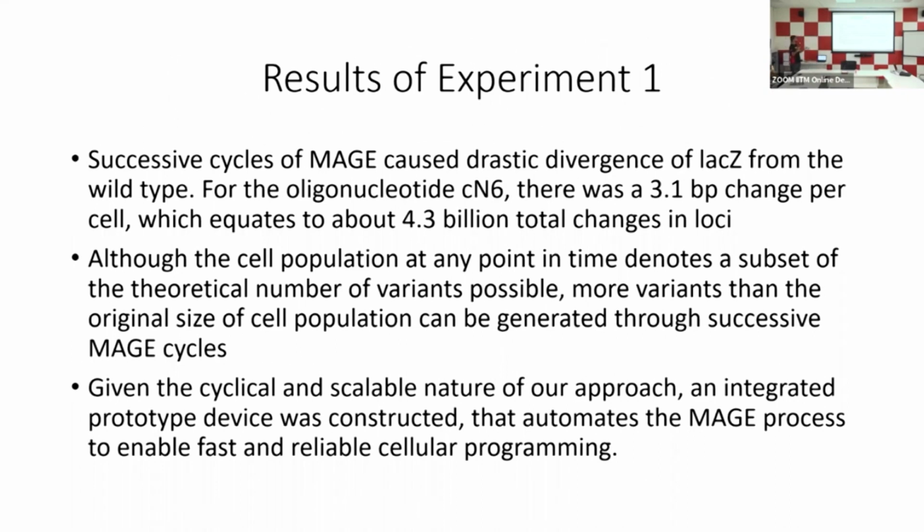Successive cycles of MAGE caused drastic divergence of lacZ from the wild type. For the oligonucleotide CN6, there was a 3.1 base pair change per cell. This quantifies to about 4.3 billion total changes in the loci of all the cells. Although the cell population at any point in time denotes a subset of all the possible theoretical variants, the paper said that more variants can be generated, beyond the original size of the cell population, by using more successive MAGE cycles.